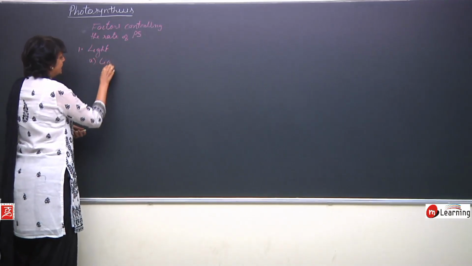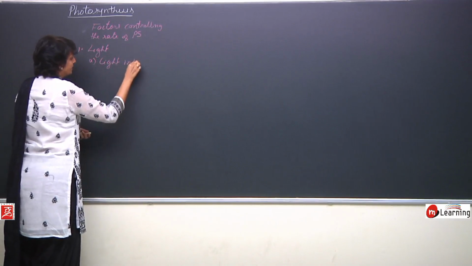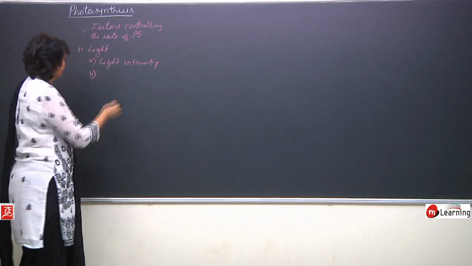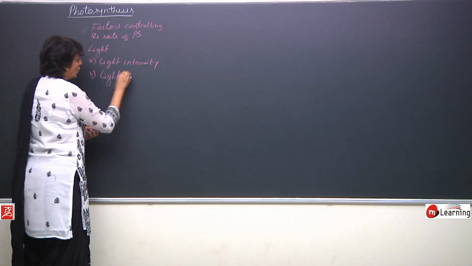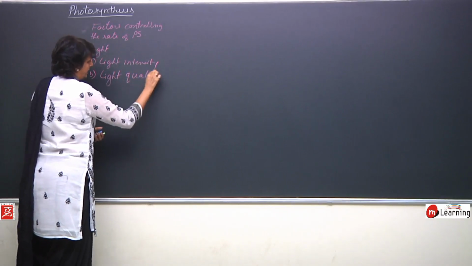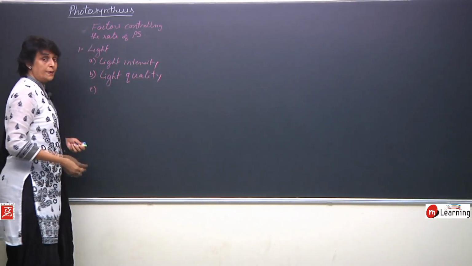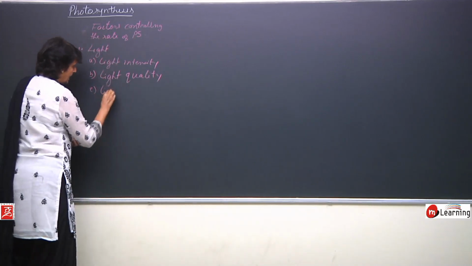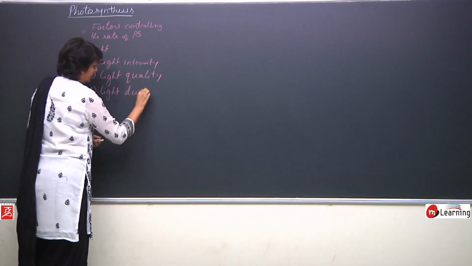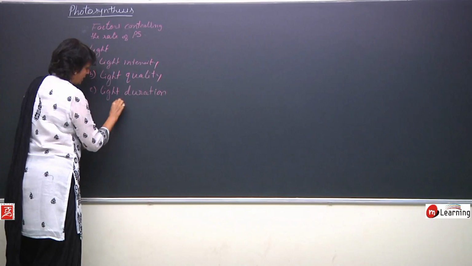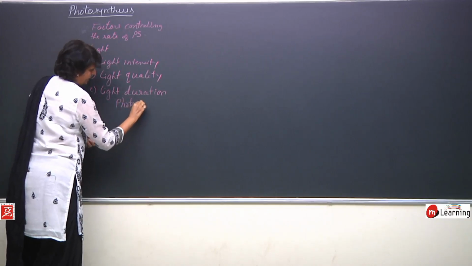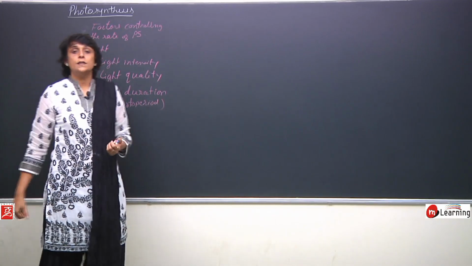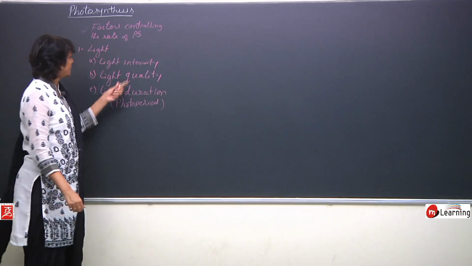It can be light intensity, it could be light quality, and it could be light duration, which is known as photo period. Now, how do these things affect the rate of photosynthesis?